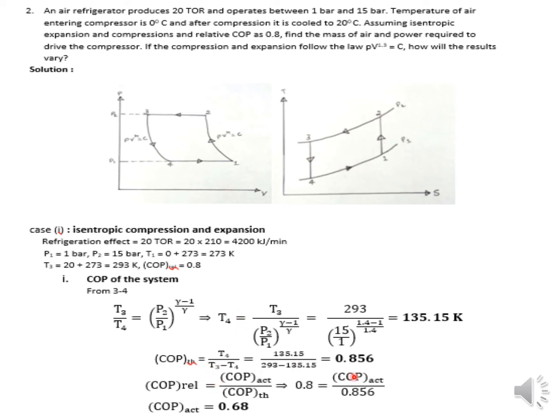So this is the COP. Relative COP, already I said what is the formula? Actual COP divided by theoretical COP. So theoretical COP we have got here, it is 0.856, and relative COP is 0.8 as given in the problem. So these two are known, only unknown is this. Find out this and you will get 0.68. Right, we will go further.